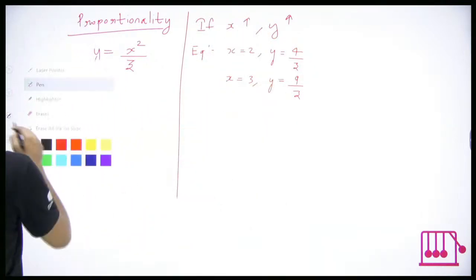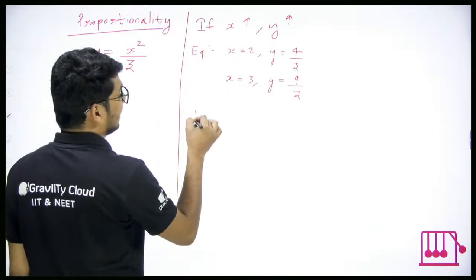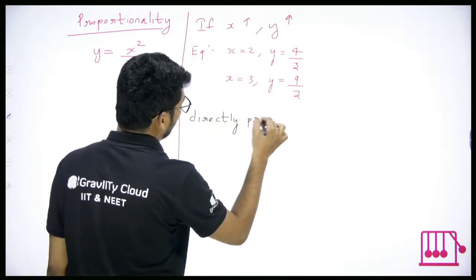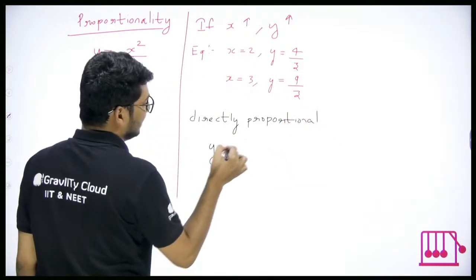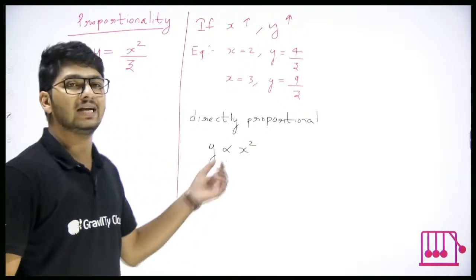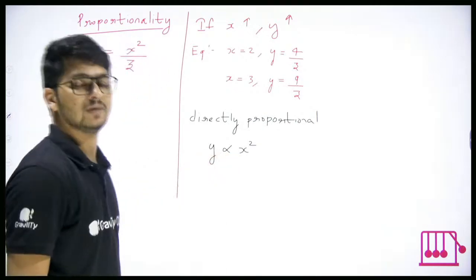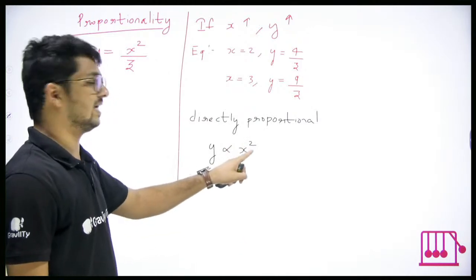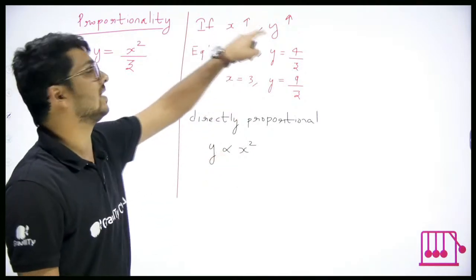And for this type of dependency, we say that they are directly proportional. And you should not forget the power. So what we say is y is proportional to the square of x. This is the proportionality symbol. So y is directly proportional to the square of x. You have to take the power also. So it shows that if x increases, y increases.